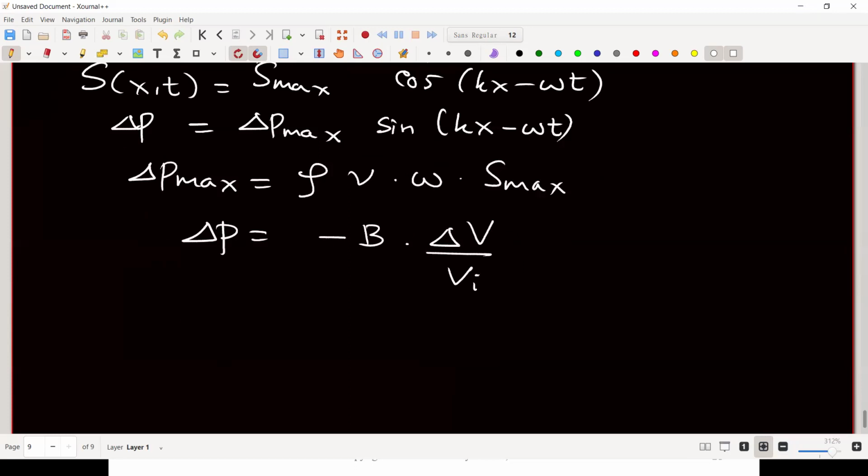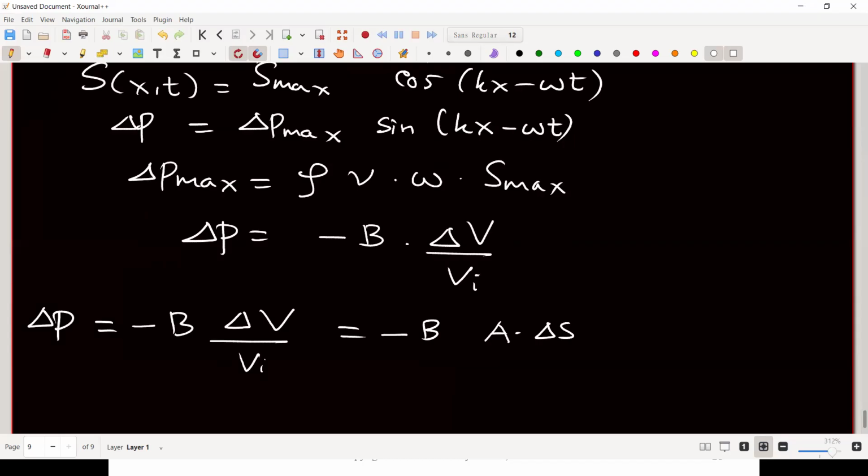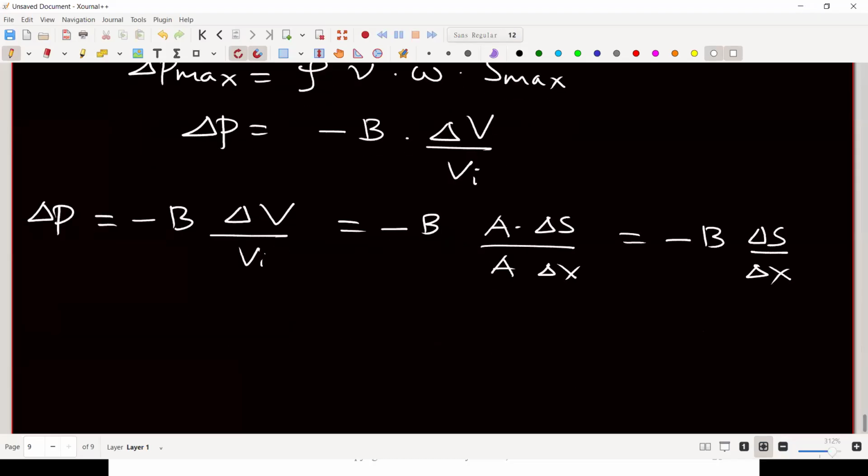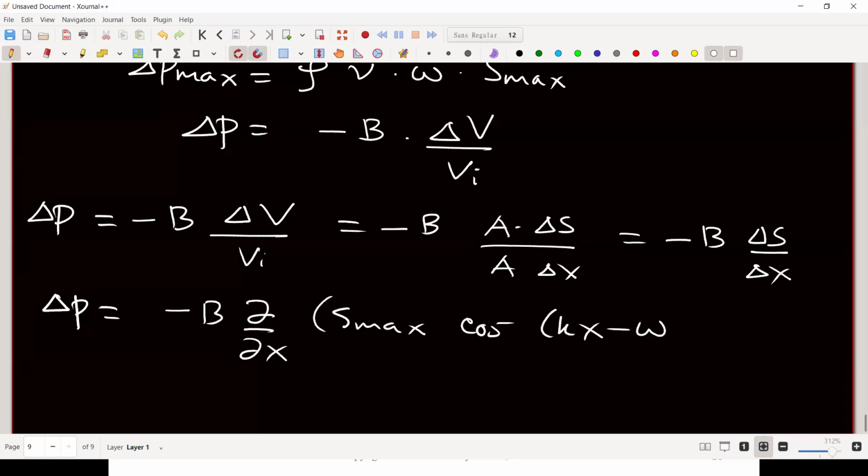Delta V is A delta s, divided by A delta x. This one becomes minus B delta s over delta x. Okay, so we get that the pressure delta P is equal to minus B partial s over partial x. s is s max cos(kx minus omega t).